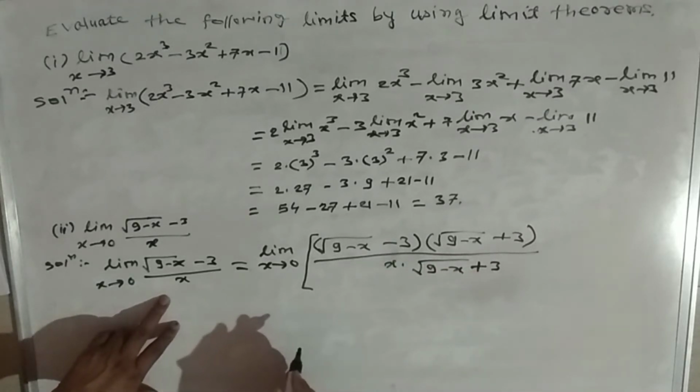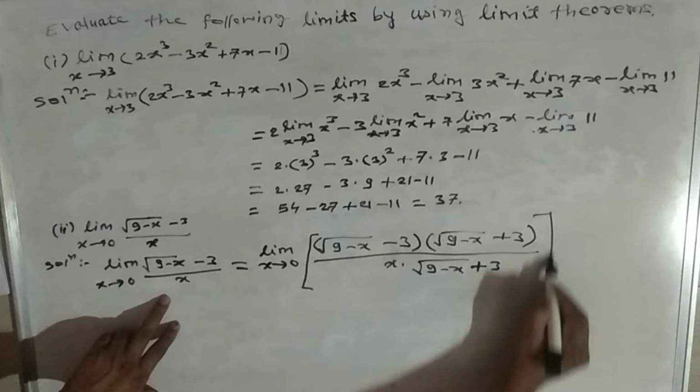We divide and multiply by root 9 minus x plus 3 of this function.